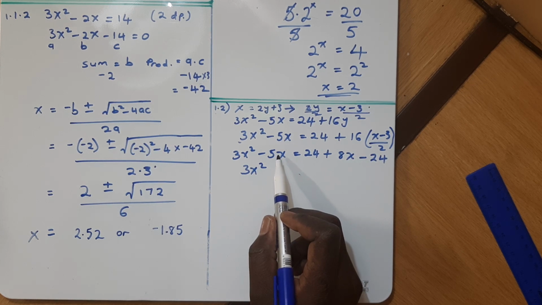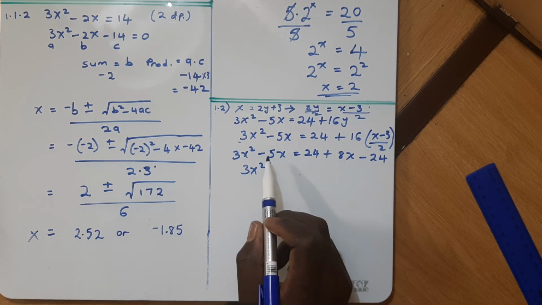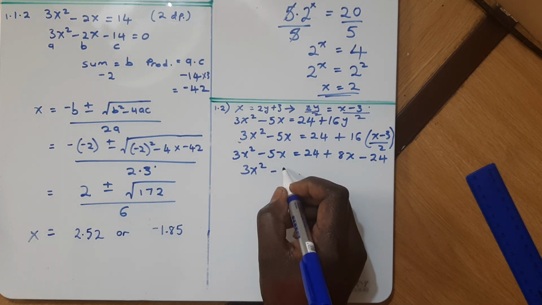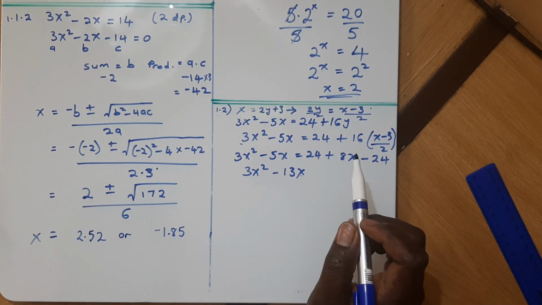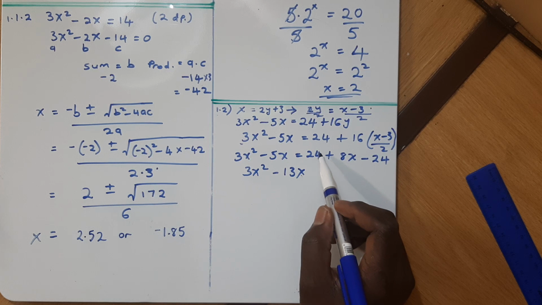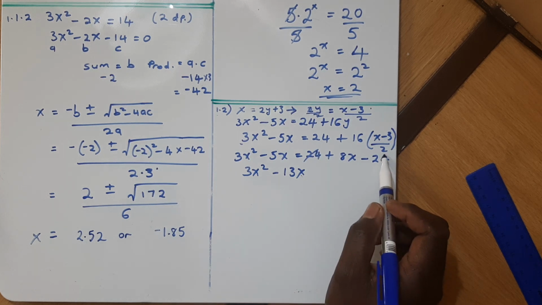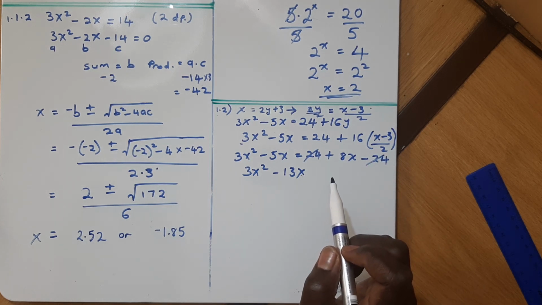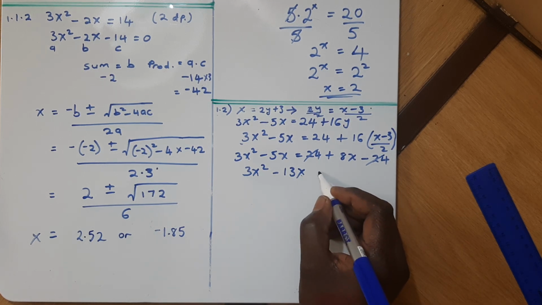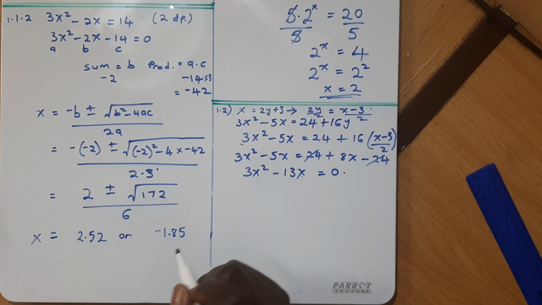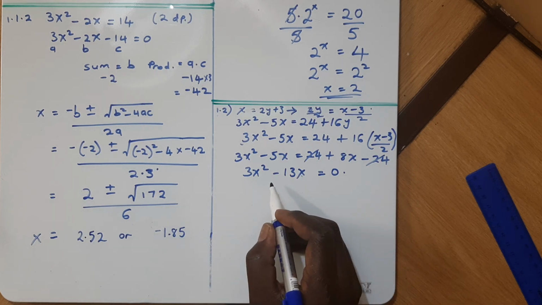So when it crosses, it becomes plus 8, it becomes 13x. But we can see our 24s cancel out. So we have 3x squared minus 13x equal to 0. Okay?